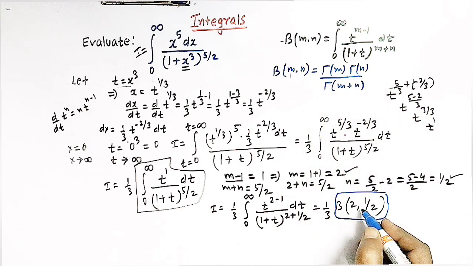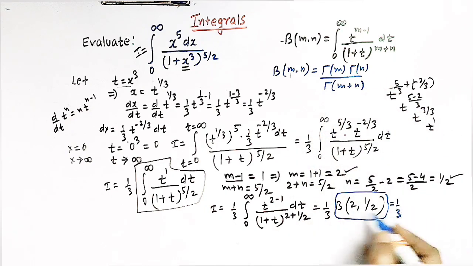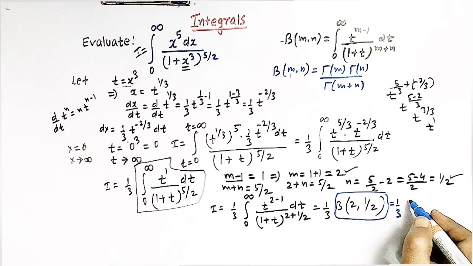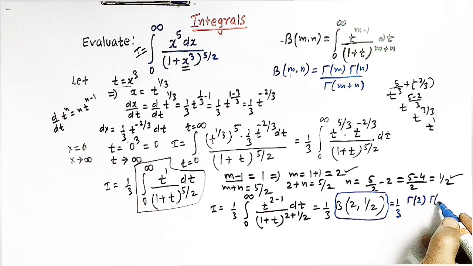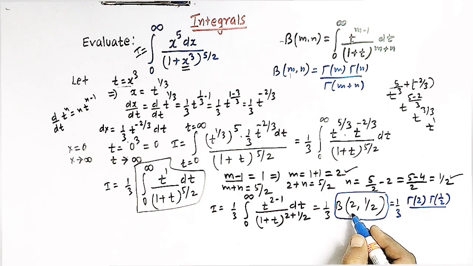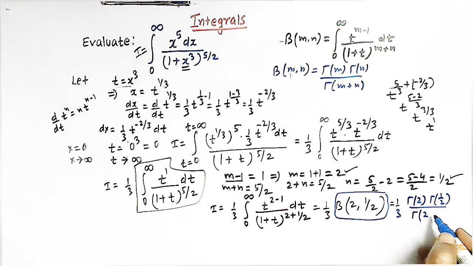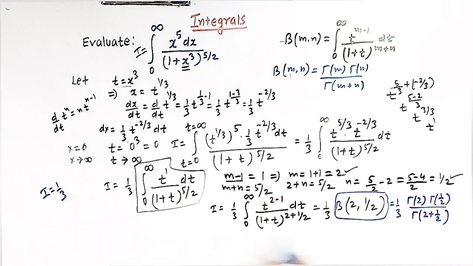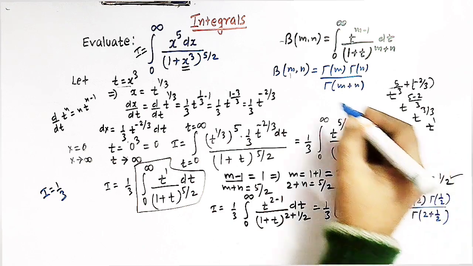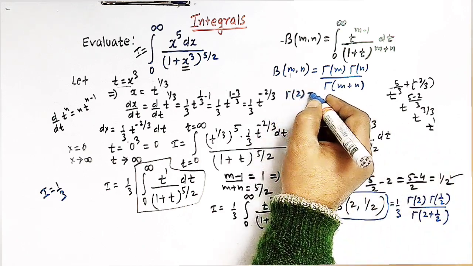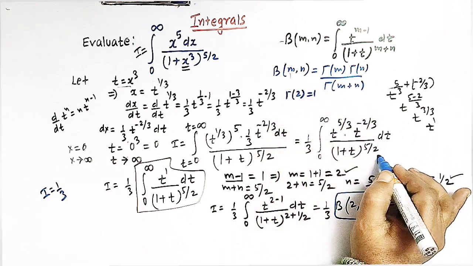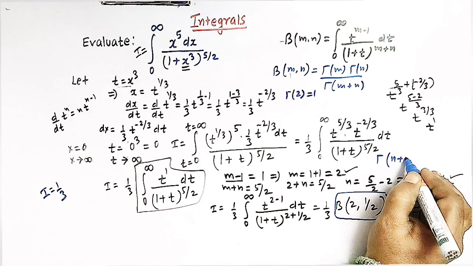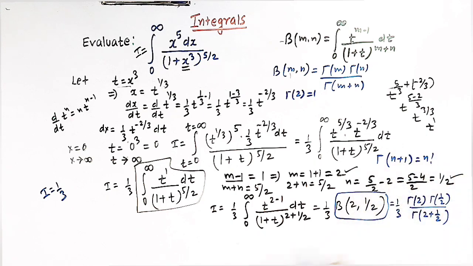So here we have 1 over 3, and then we can now write gamma 2. Then we have gamma half, and in the denominator we can write gamma 2 plus half. So we can now write the value of I as 1 over 3, and gamma 2 is equal to 1, because here we can use this result, gamma n plus 1 is equal to n factorial, where n is some positive integer.